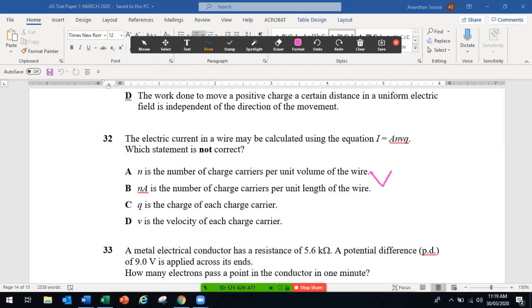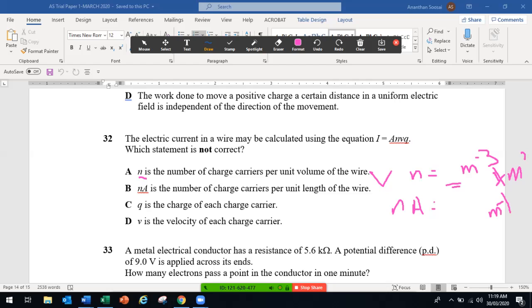The unit for n is per meter cubed. A is meter squared. So nA is the number of charge carriers per unit length of the wire. We get per meter.